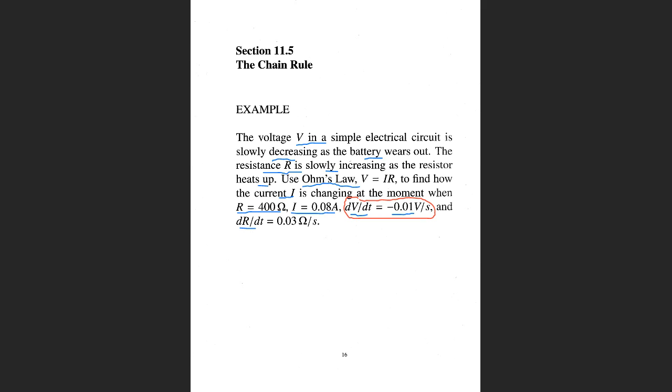Absolutely, because the voltage is decreasing. And what about the rate with respect to resistance? Should it be positive? Absolutely, because the resistance is slowly increasing.